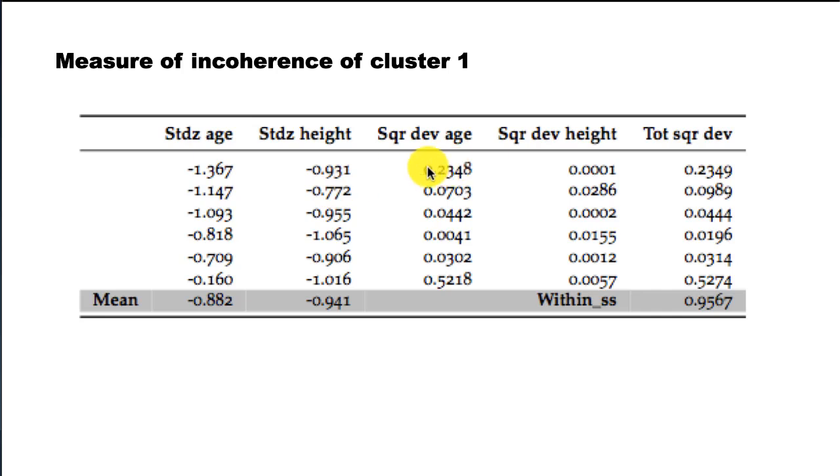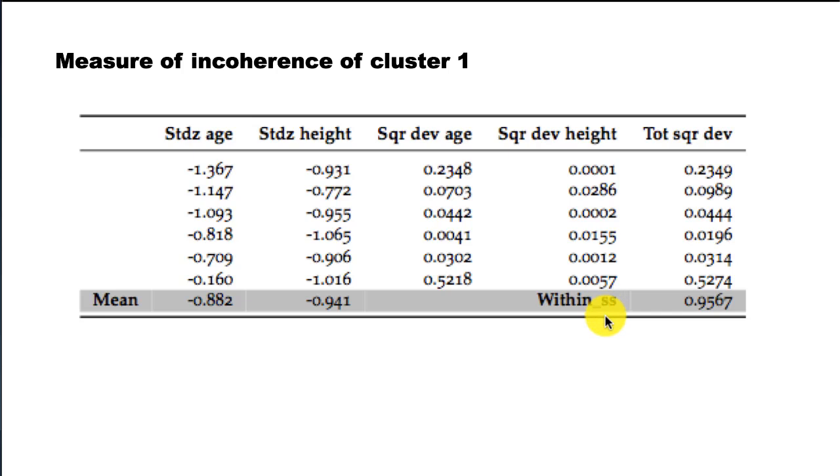Now of course when you calculate the squared deviations, all those negatives vanish. This is the squared deviation of age, which is this value minus the mean, squared, and the squared deviation of height, etc. So when you calculate the measure of incoherence of cluster 1, you get this number 0.9567. This is called within sum of squares.